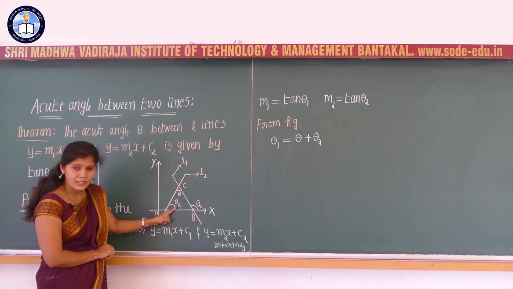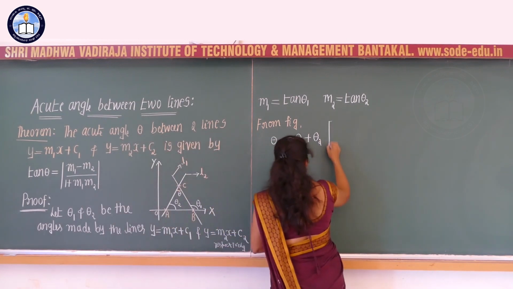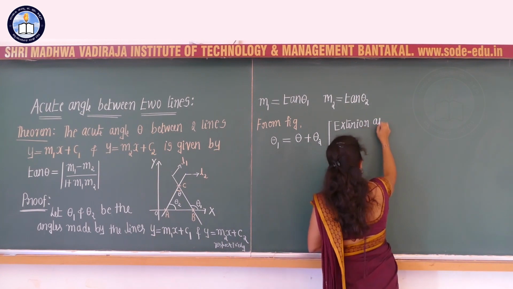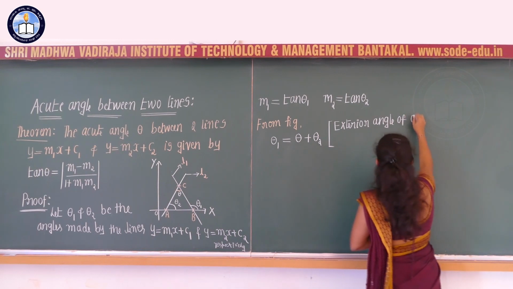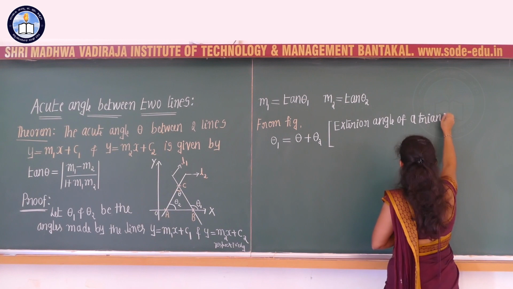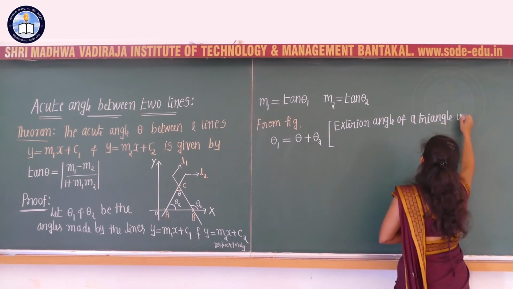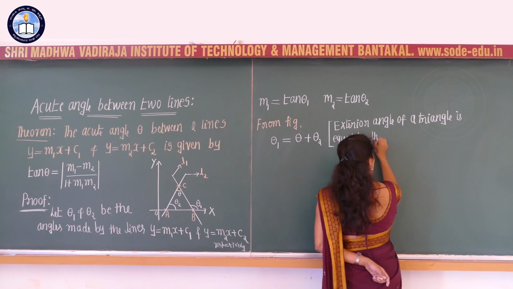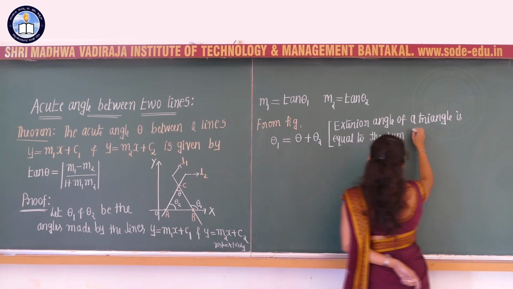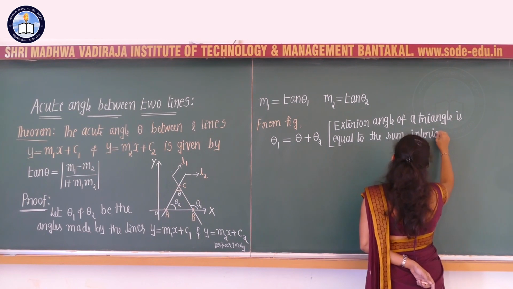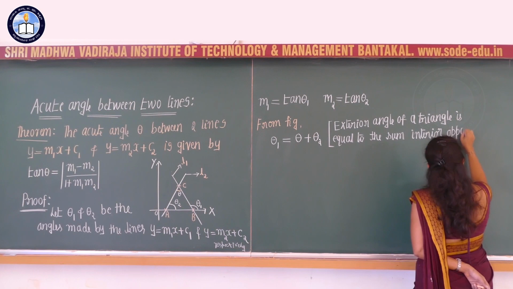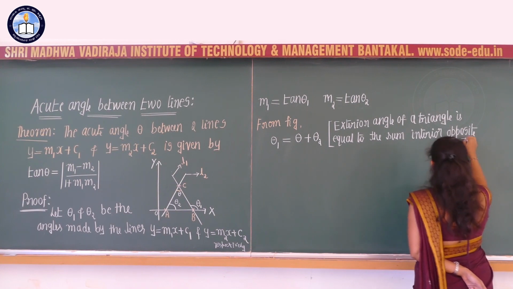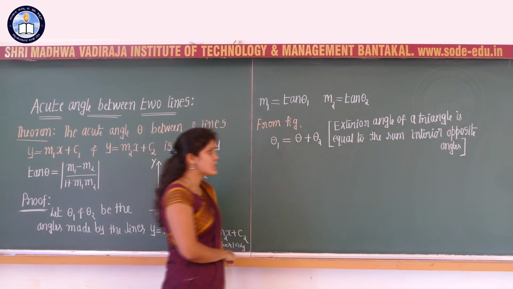By using the property we know: the exterior angle of a triangle is equal to the sum of the interior opposite angles.